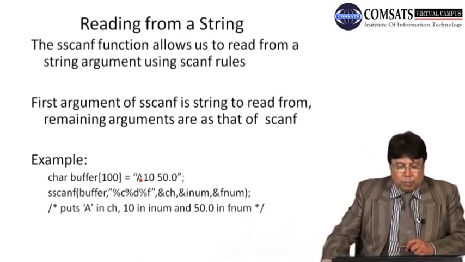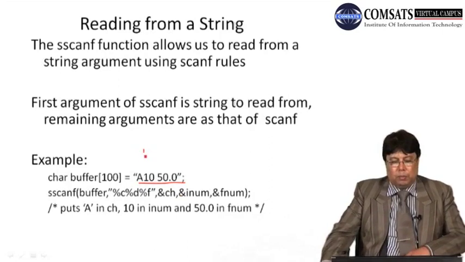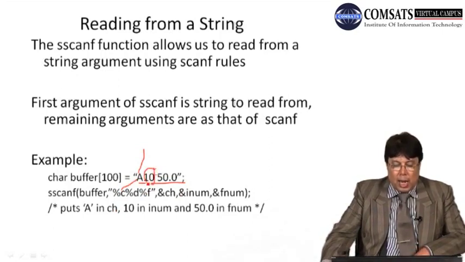फॉर एग्जांपल यहाँ पे देखें, buffer है that contains A 10 and 50.0. I want to read this as a character, that I can read it from here. This I want to read as an integer, that I can do from here, and this I want to read as a floating point, that I can do here.